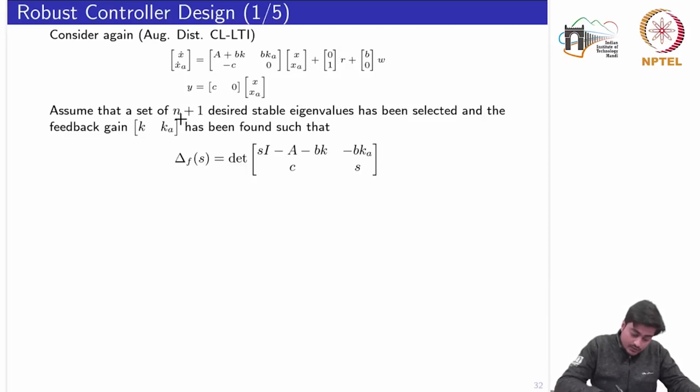So for example, we have computed where we need to place the desired eigenvalues, and that would be n plus 1 eigenvalues. Now using the state feedback, we can also compute the characteristic polynomial of the closed loop, which is nothing but det of sI minus this matrix, and the I matrix would be of n plus 1 dimension.